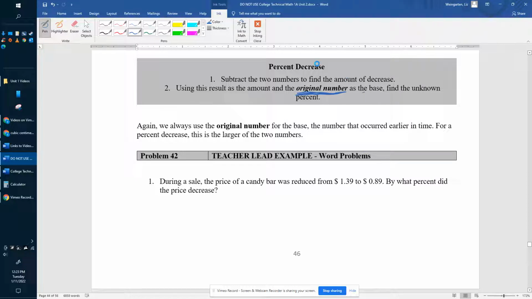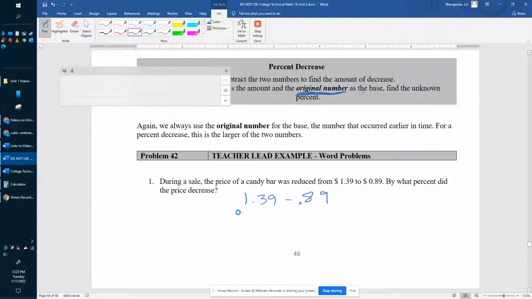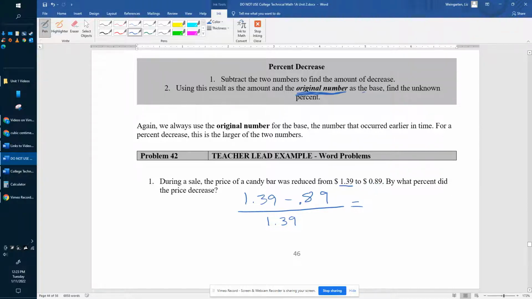Price of a candy bar was reduced from $1.39 to 89 cents. So we'll take $1.39 minus 89 cents over the original, which is $1.39. Now remember, the original here is $1.39. It's being reduced to 89 cents.